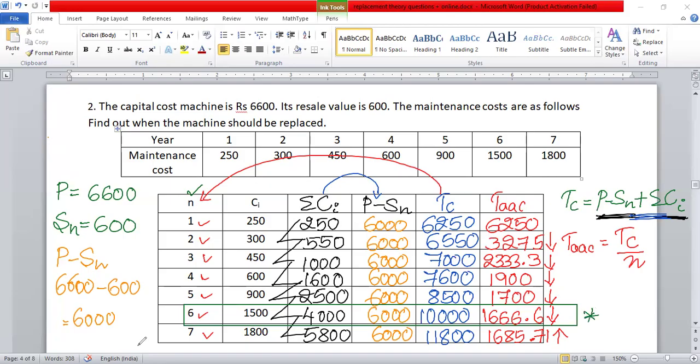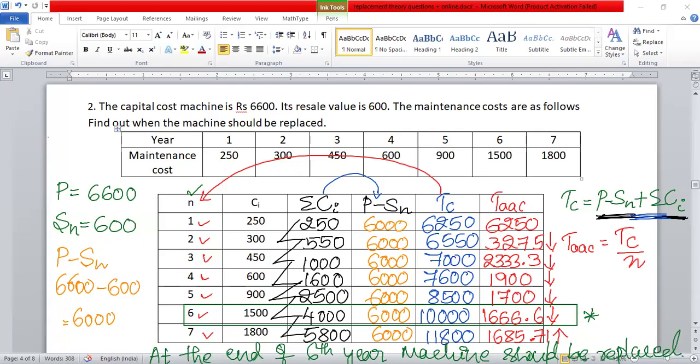So at the end of, very important, at the end of 6th year, machine should be replaced.